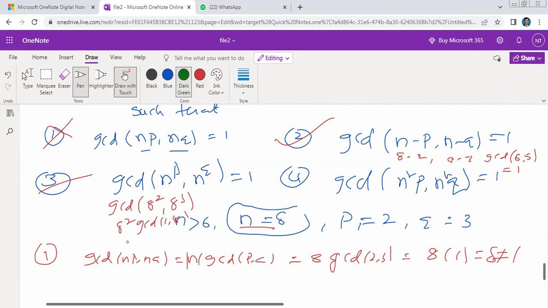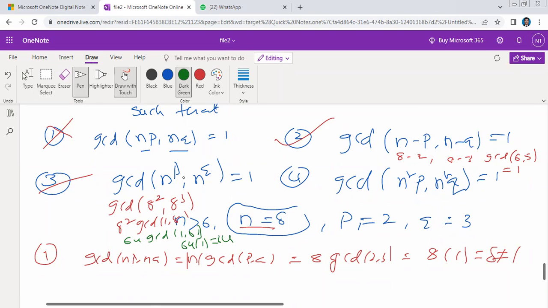Am I right? 8 squared and 8 cubed, 8 squared is common, leaving 1 and 8. So 64 times GCD of 1, 8. What is the GCD of 1, 8? It is 1. So 64 into 1.